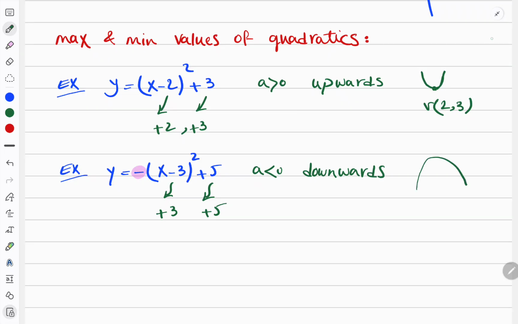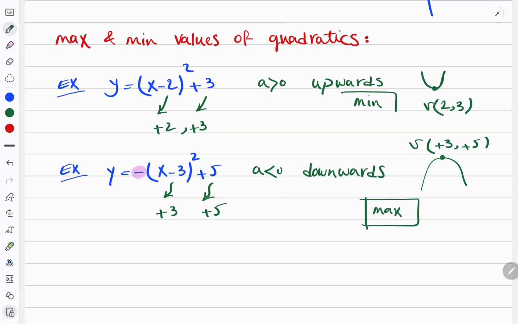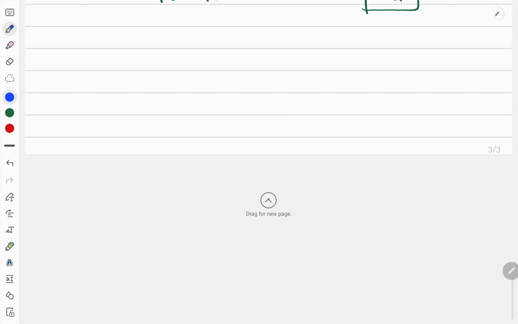So the graph is something like that. Positive 3 and positive 5 is the vertex. And this is the highest point on this graph. So because this opens downwards, at this point the function is a maximum.